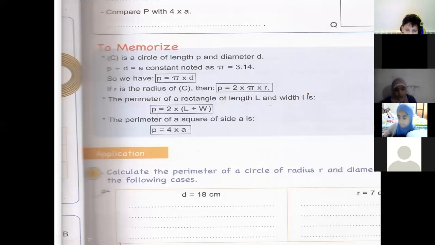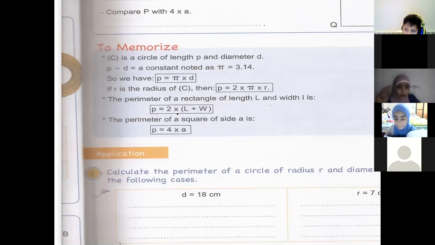How do we find the perimeter of a rectangle? We will make 2 times length plus width. Bravo.